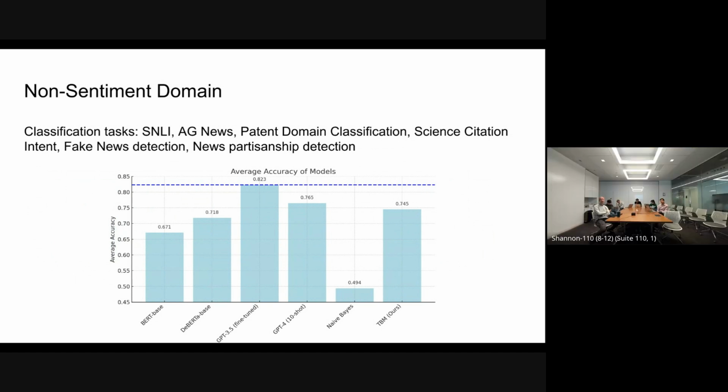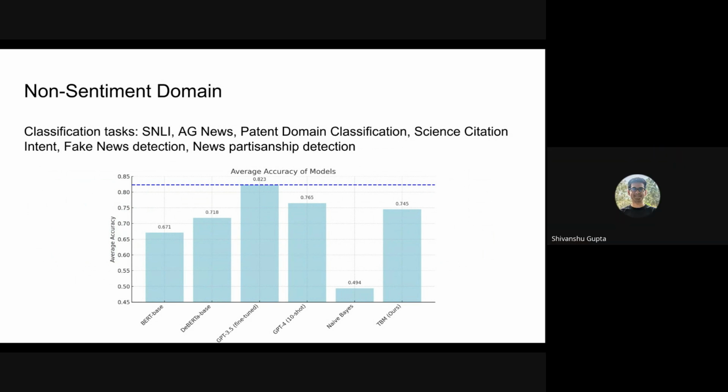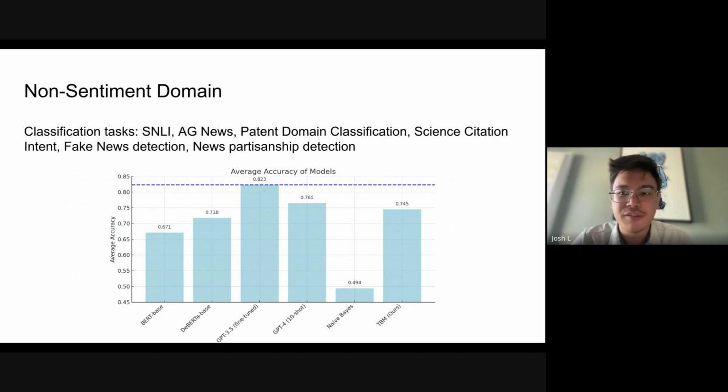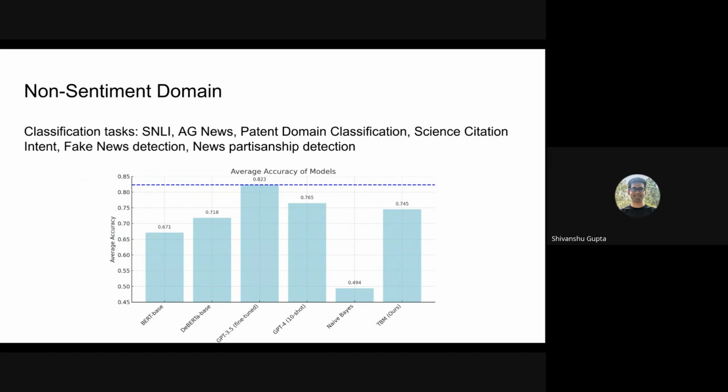Josh, there's a question from Shivanshu. Yep, go ahead. So I was wondering, how do you select the 10 shots for GPT-4? We're essentially doing random selection over all of the examples for GPT-4. We randomly sample examples and then weigh it so that you have even representation across all the different labels. Have you tried other approaches? Because in-context learning performance can go up a lot if you select with respect to every test input.